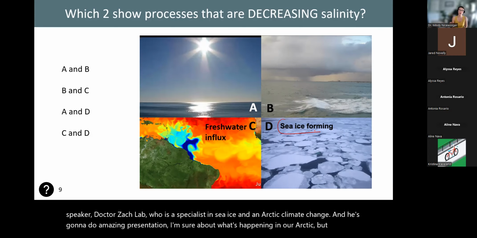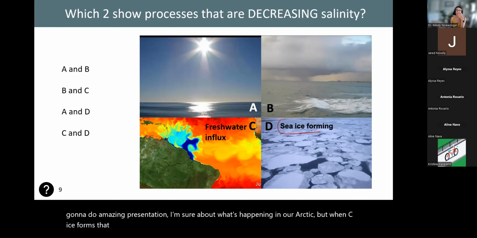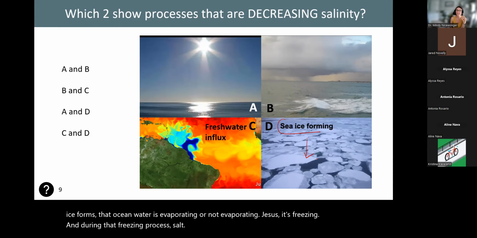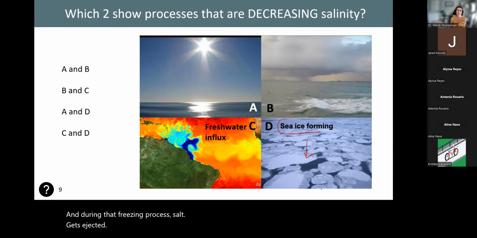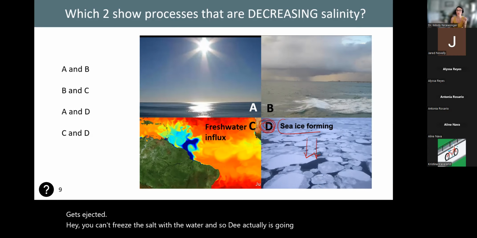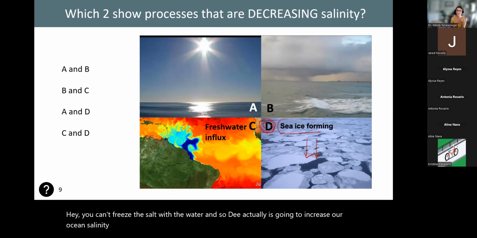But when sea ice forms, that ocean water is evaporating, or not evaporating, geez, it's freezing. And during that freezing process, salt gets ejected. Okay, you can't freeze the salt with the water. And so D actually is going to increase our ocean salinity a lot.